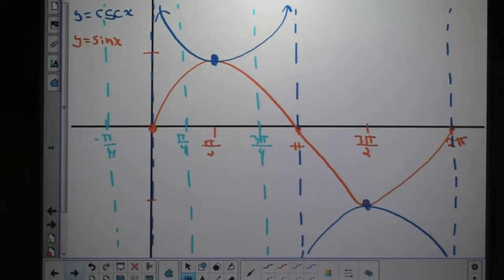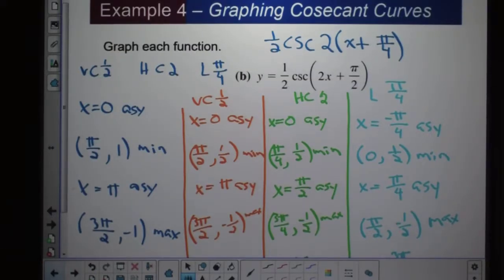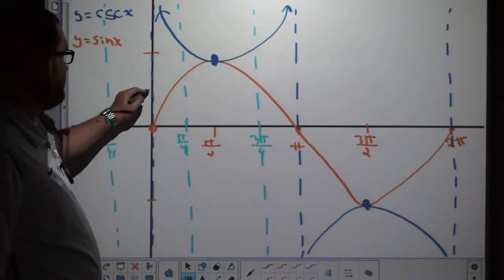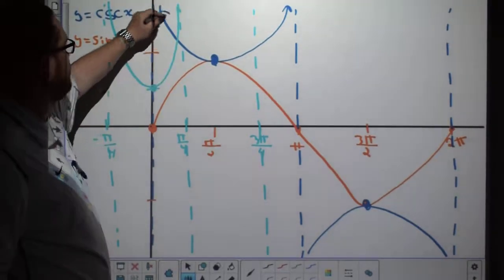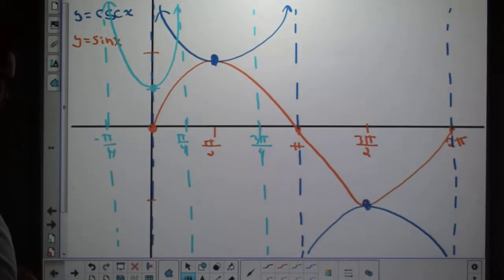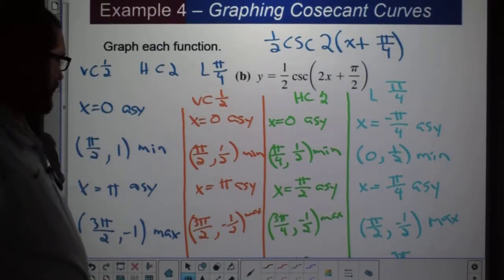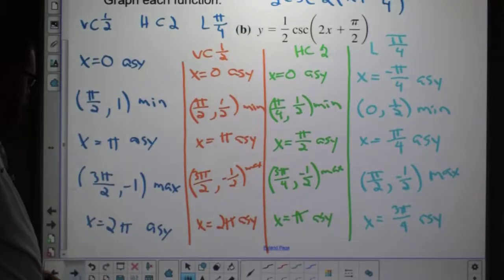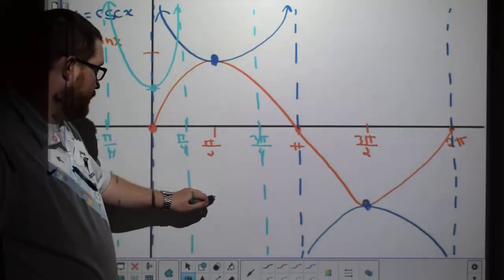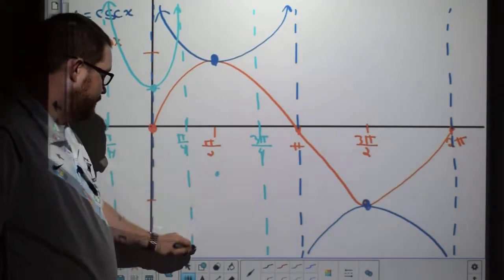So there's my new asymptotes. The new min will be at 0, comma 1/2. So that's the min of that part. And the new max will be at pi over 2, comma negative 1/2.